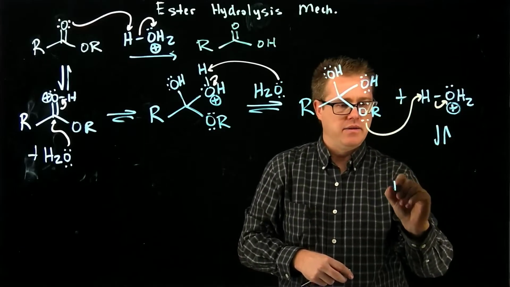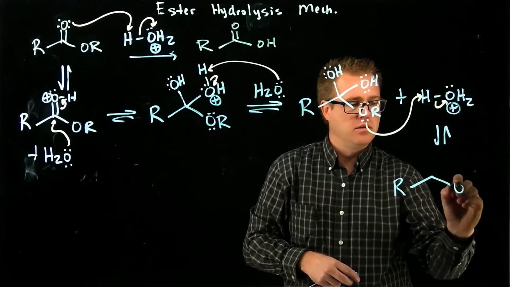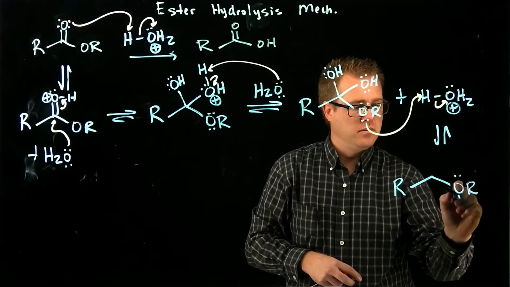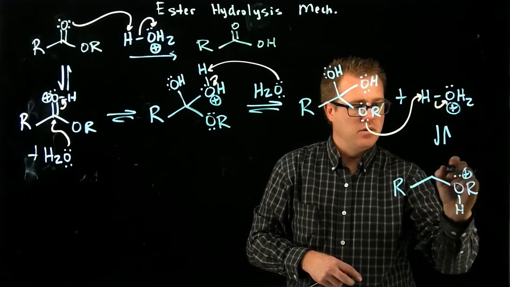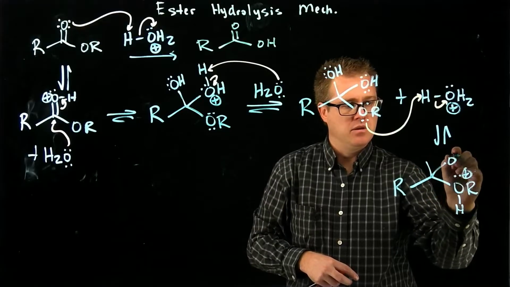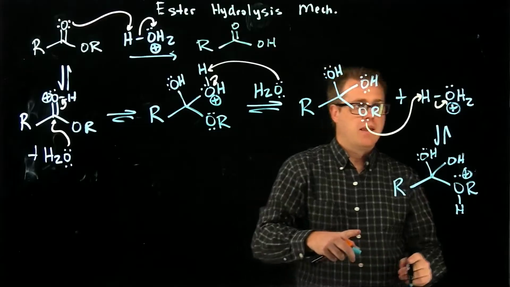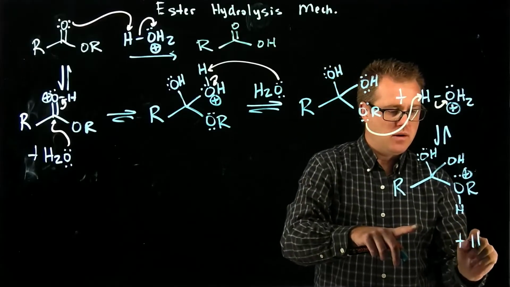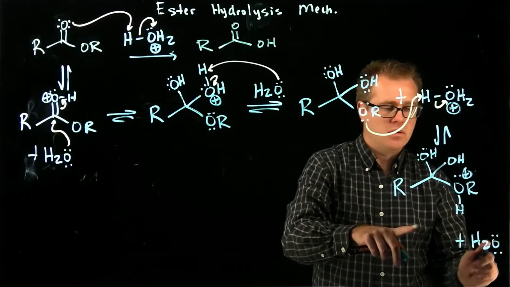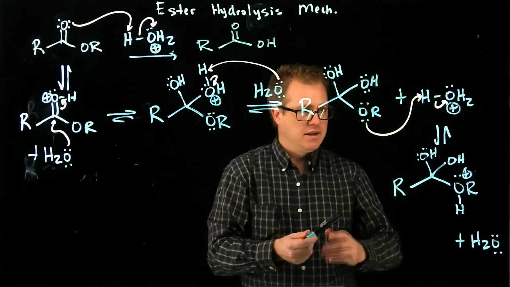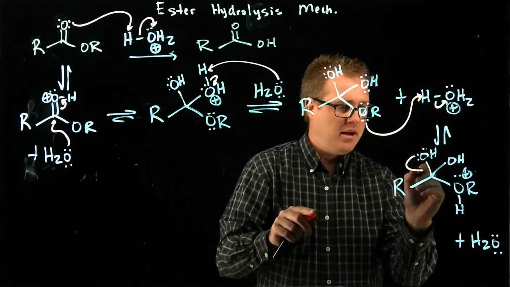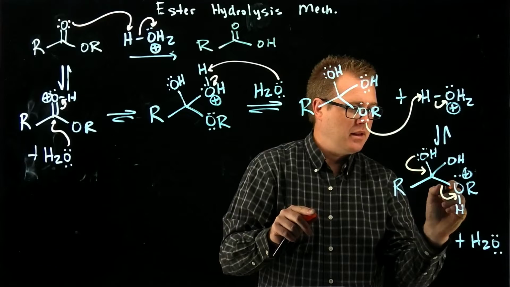And so that's going to give us that species now. And we just generated some more water. So now we can see a lone pair coming down and kicking that guy off.